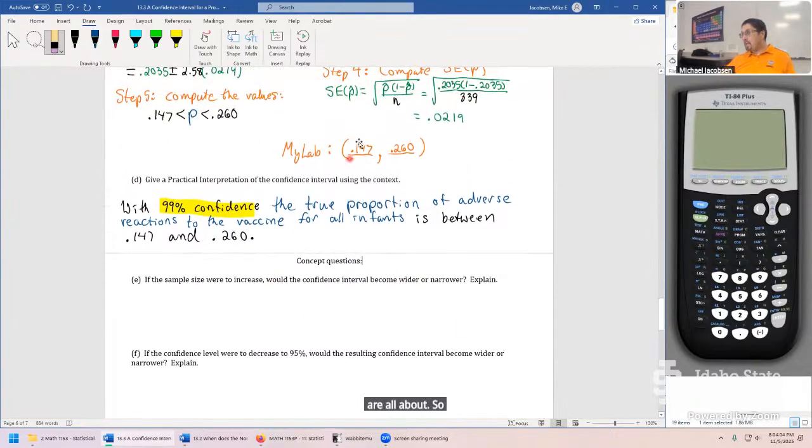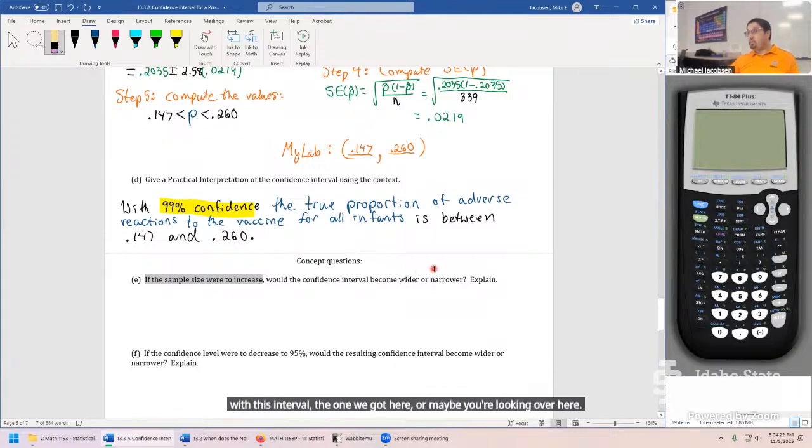So we have a confidence interval. Its width is from 0.147 to 0.260. Half of that width is the margin of error. And we're being asked, if the sample size were to increase, would this interval, the one we got here, be wider or narrower?